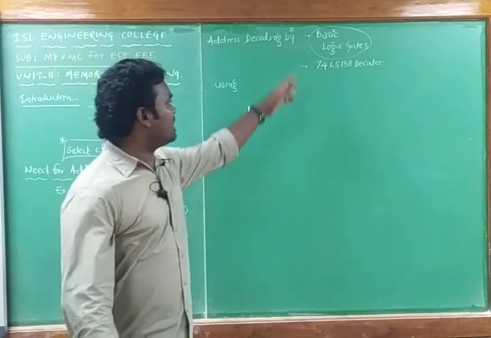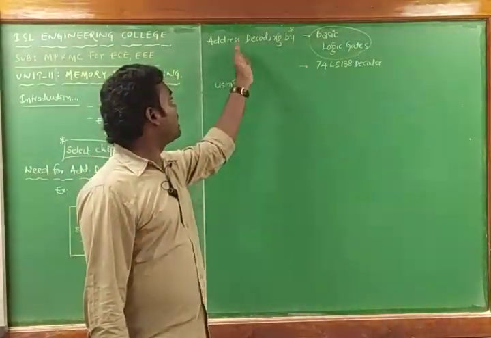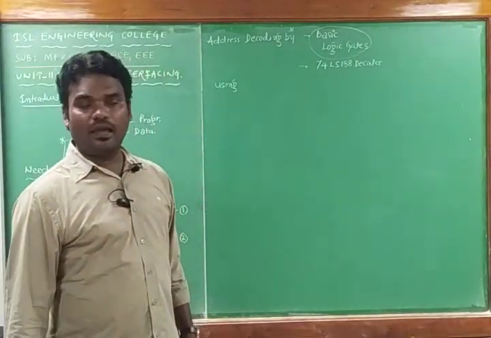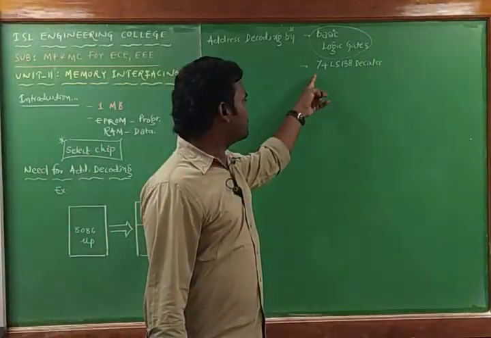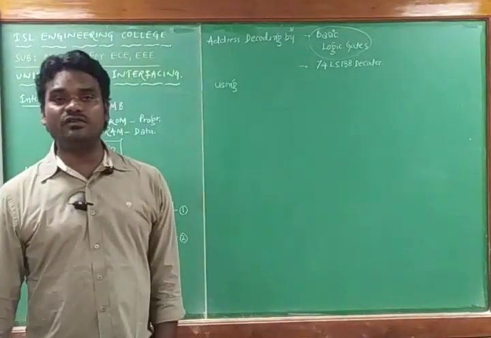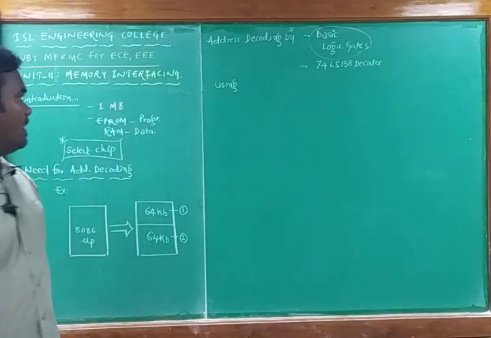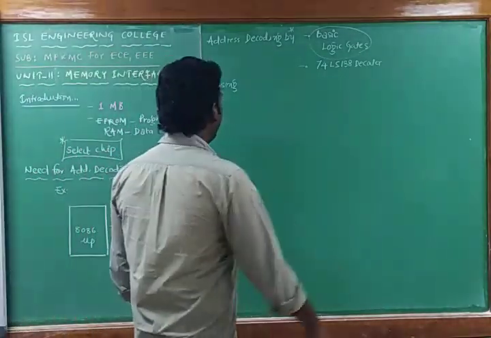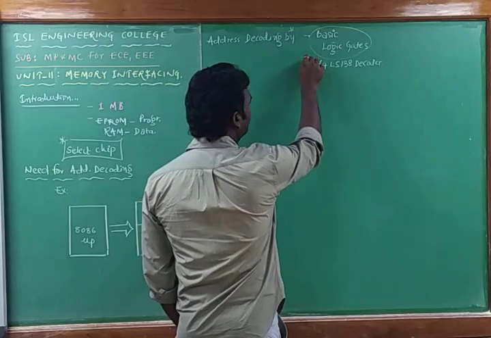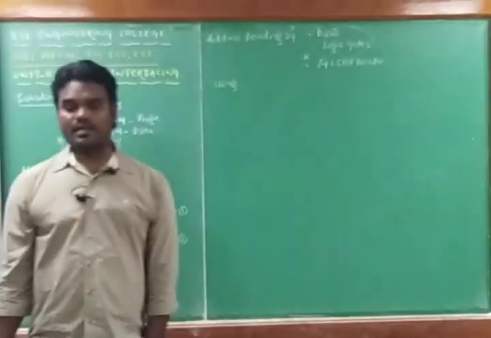How these logic gates are used in address decoding, and how the 74LS138 decoder is used for address decoding, we are going to discuss now. Address decoding by the 74LS138 decoder is very important.